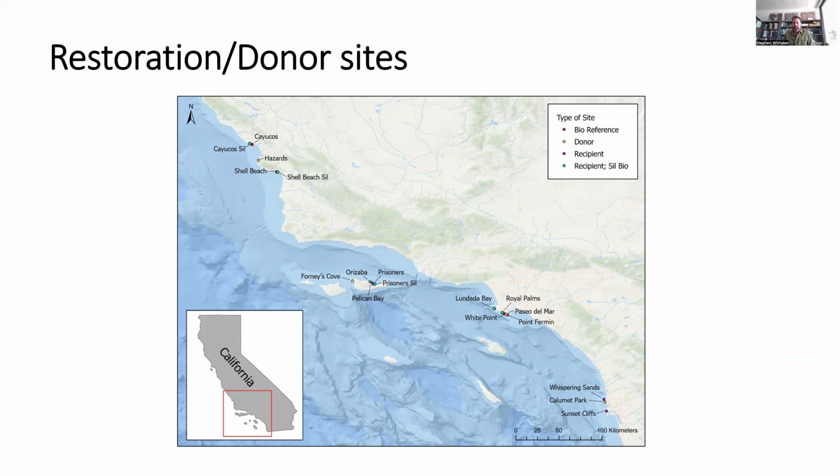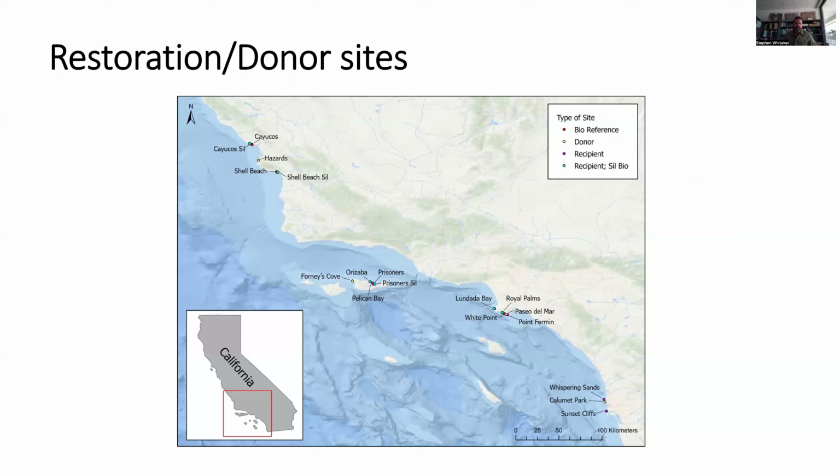At each of our donor sites, we got a rough estimate of the number of Silvetia individuals at that location, which would assist us in determining the goal of having populations large enough that we would impact them by less than 3% by collecting for this restoration project.